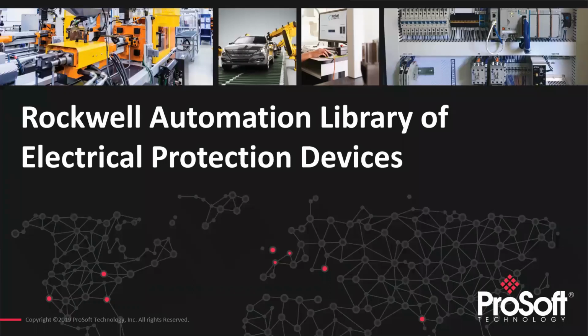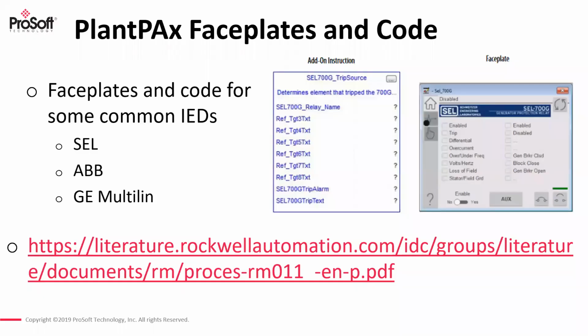Now, one area where we've been able to work with Rockwell to take advantage of this IEC 61850 protocol is the library of electrical protection devices. Rockwell Automation has published, as part of their PlantPAx library, some common faceplates and code for Schweitzer relays, ABB relays, and GE Multilin devices.